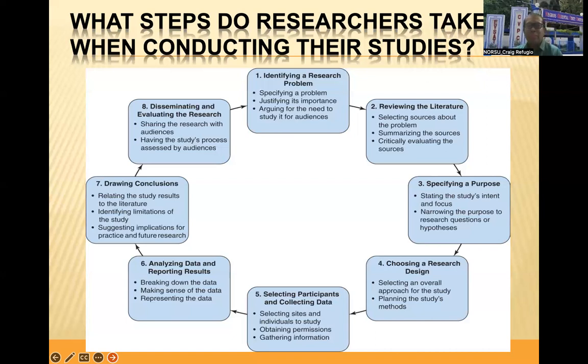So in the review of related literature, you will have the idea that you can continue that kind of research proposal, because that kind of problem is not yet answered or solved, and there is no duplication of that problem.